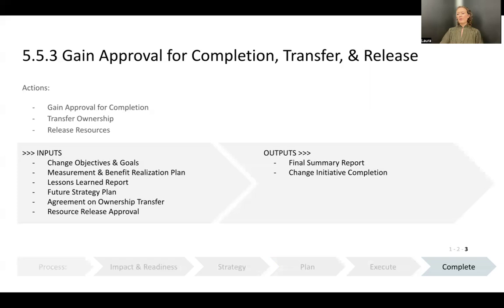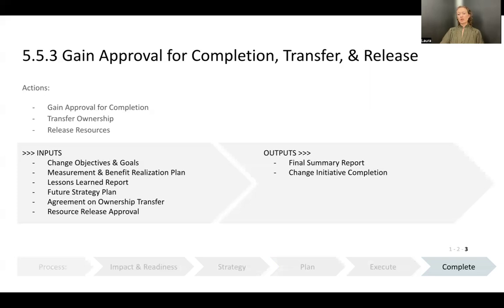The ownership of all change outcomes, including processes, technology, organizations, and other outcomes, must be transferred from change resources to stakeholder operational resources. This should be evidenced by written agreement of both parties. Additionally, transfer of future strategy plans must also occur if it's part of the outcomes.